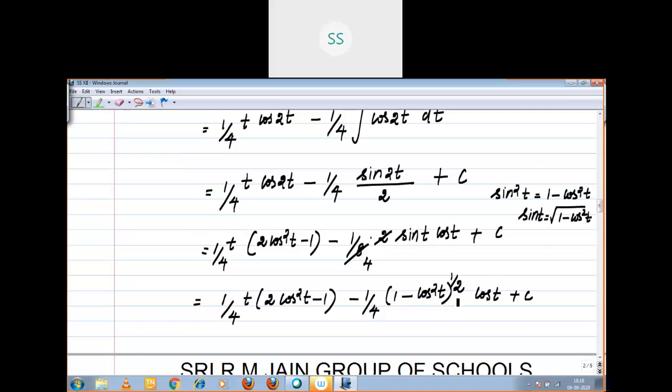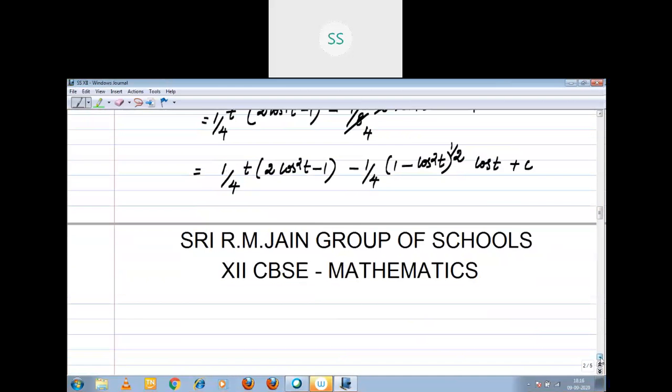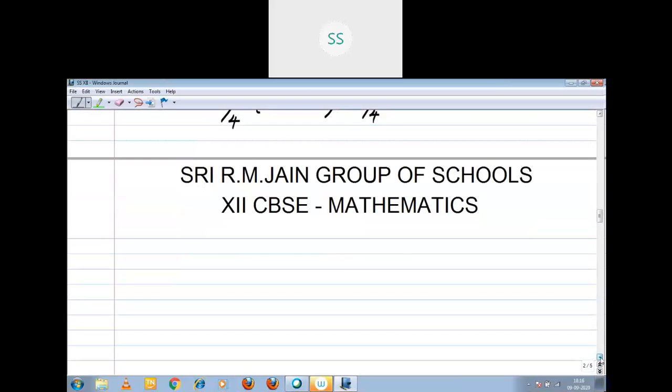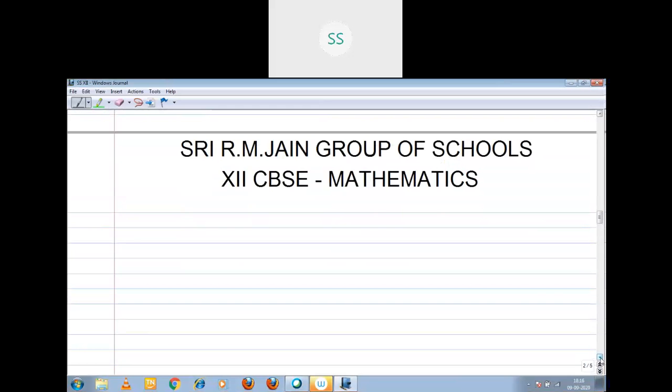Now t is what? Cos inverse x. So I equal to 1 by 4 into cos inverse x, bracket 2 cos square t. What is cos t? We consider it x.